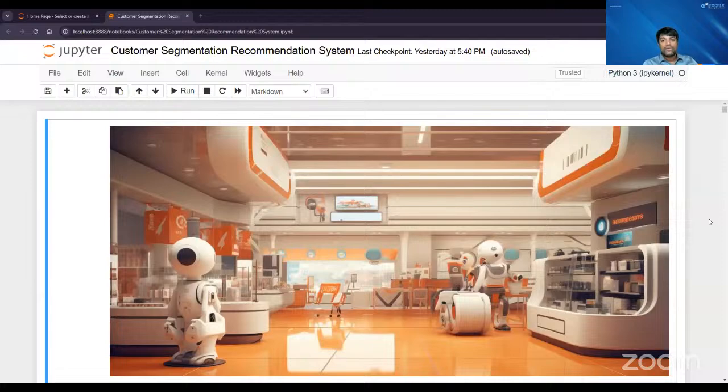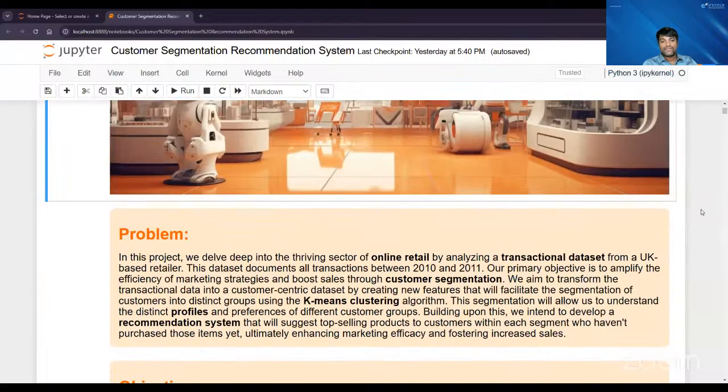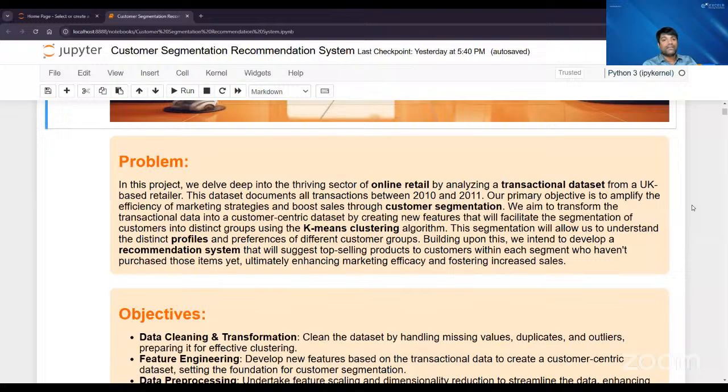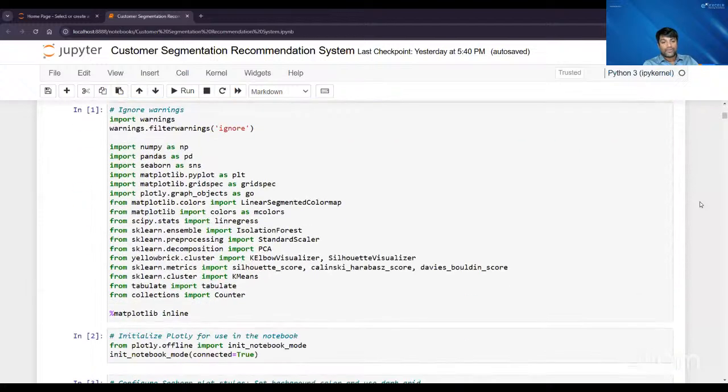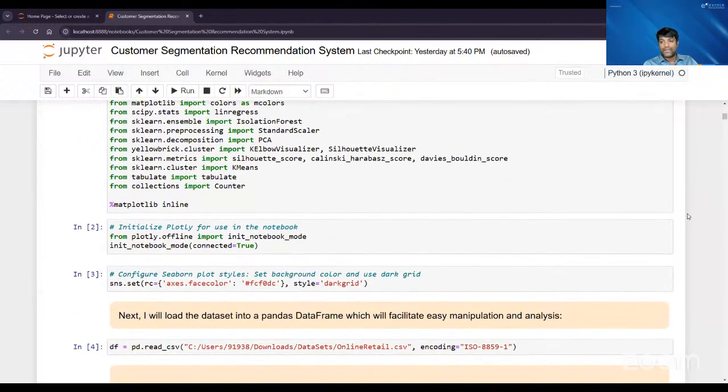So on that note, what we have seen is the online retail data for the UK based company, the transactional data. We apply these 6 steps in identifying the correct recommendations for the right customers. We imported the libraries and applied some configurations as well.